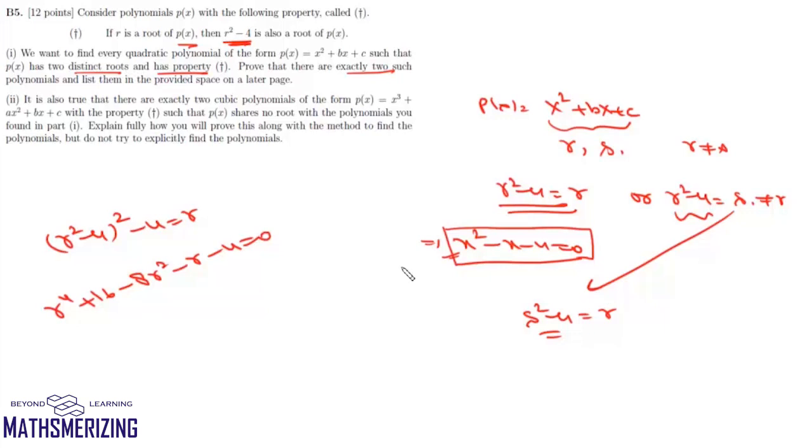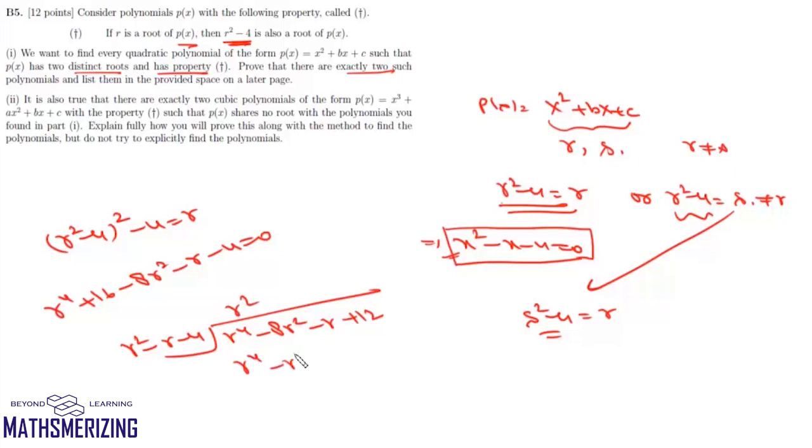Now one of the factors of this biquadratic must be r square minus r minus 4. So what we'll do is, using long division, we'll divide this polynomial in r, r to the power 4 minus 8r square minus r plus 12, by r square minus r minus 4. So we'll get r square, it'll be r to the power 4 minus r cube minus 4r square.